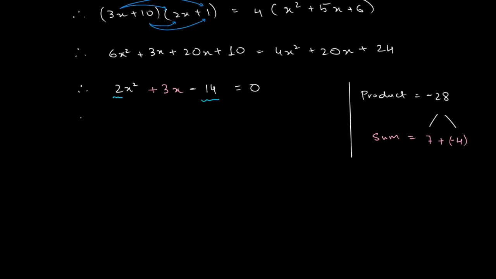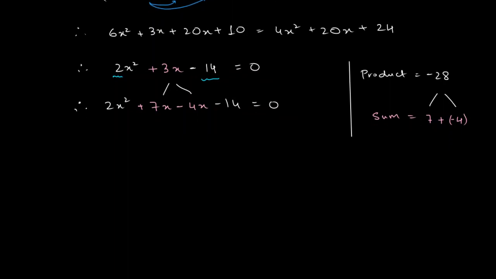So that is going to be how I'll split my middle term. Therefore, 2x square plus 3x can be written as plus 7x minus 4x, and minus 14 is equal to 0. So 3x was split into plus 7x and minus 4x.